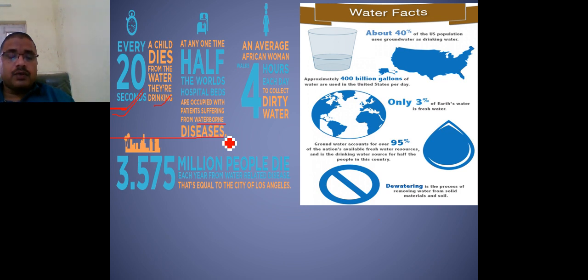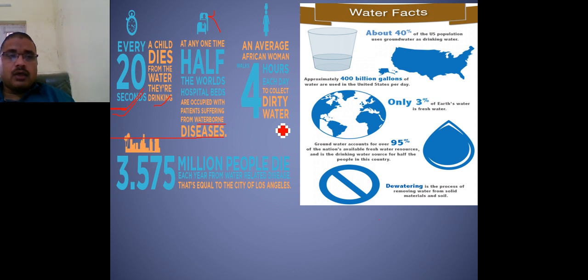These conditions are created because people are not getting proper drinkable water. An average African woman spends 4 hours every day collecting dirty water. They search for water in different places, and out of 24 hours, they spend 4 hours searching for water.